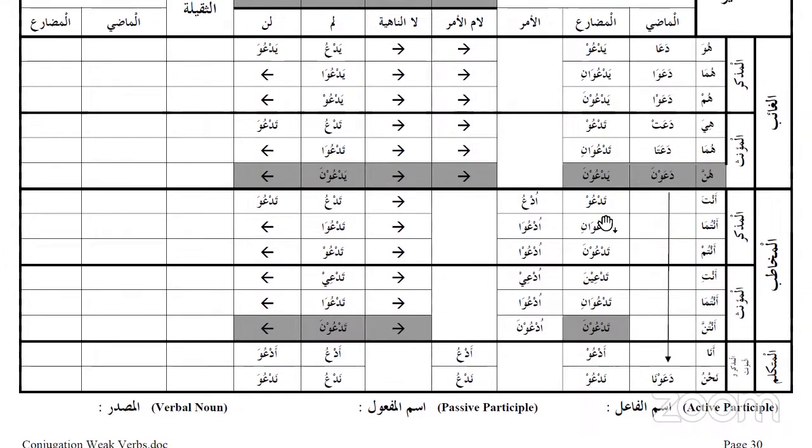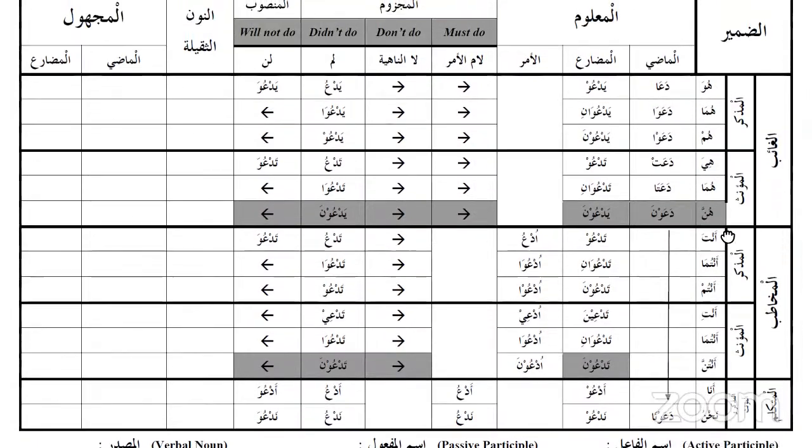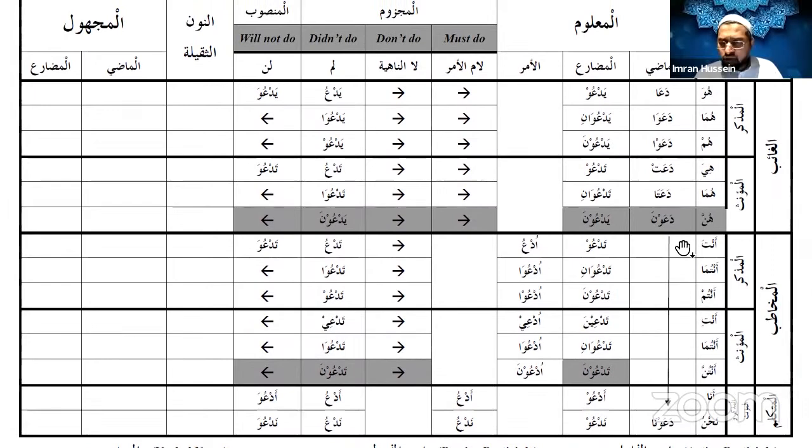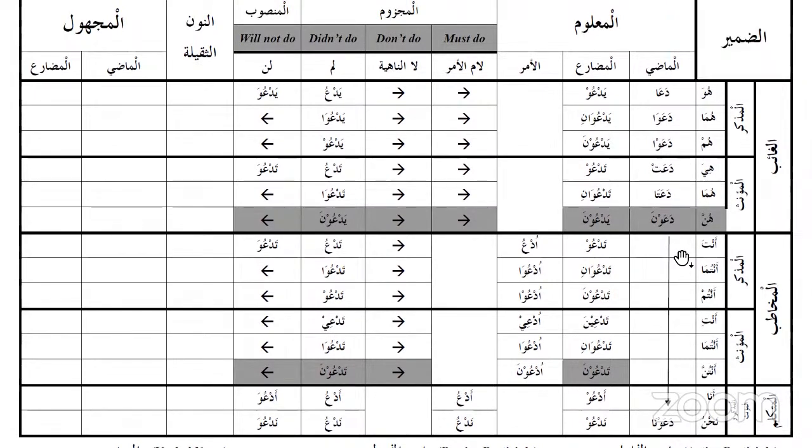Shall I do the conjugation again for the Madi? My understanding is it's supposed to be da'auta, so there's a waw there. In anta da'auta, in the past tense?